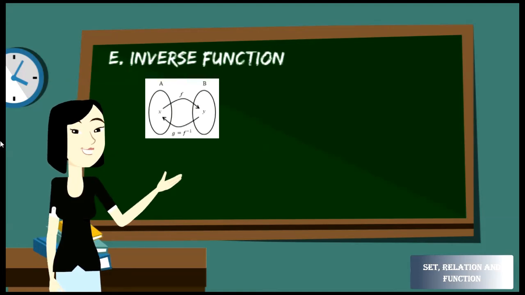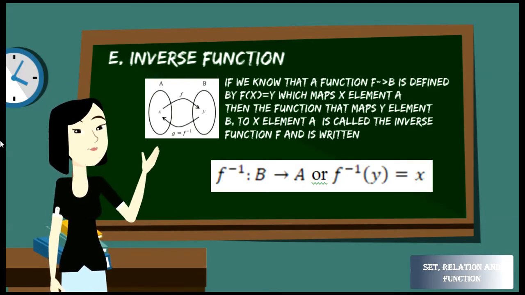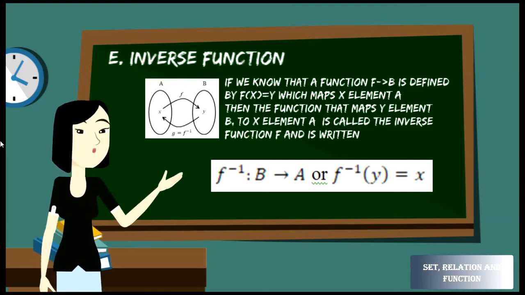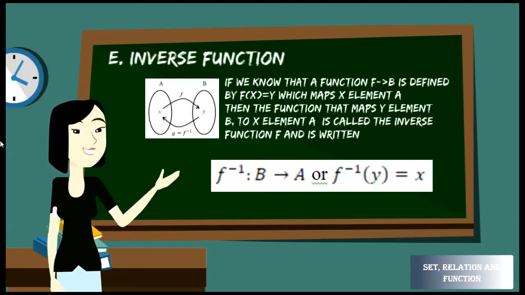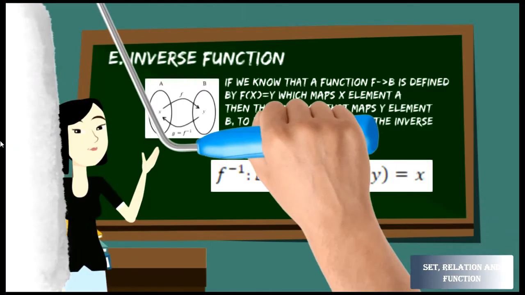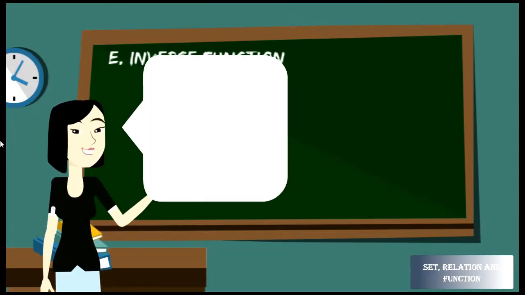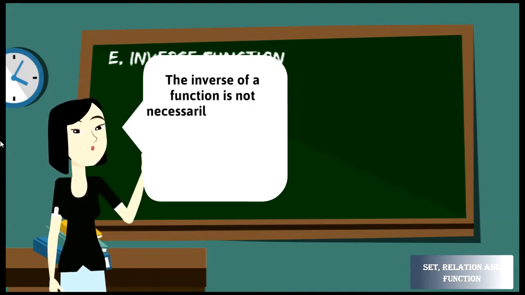If we know that a function f from A to B is defined by f(x) equal to y, which maps x element of A, then the function that maps y element of B to x element of A is called the inverse function. The inverse of a function is not necessarily a function.